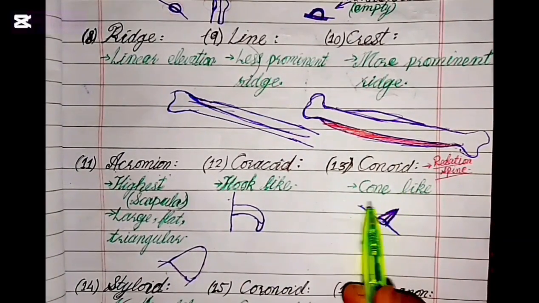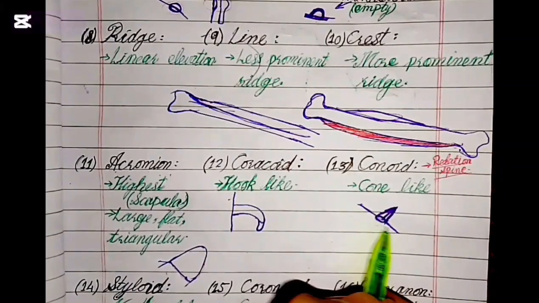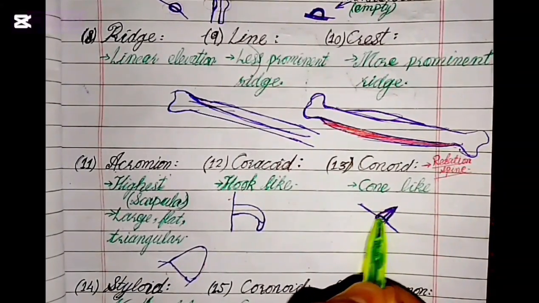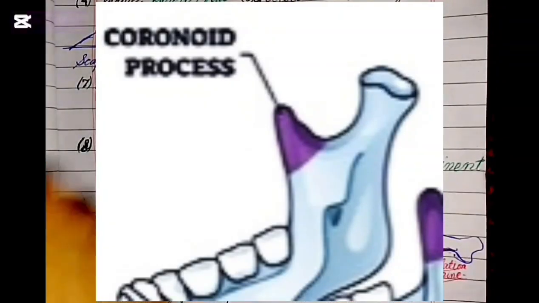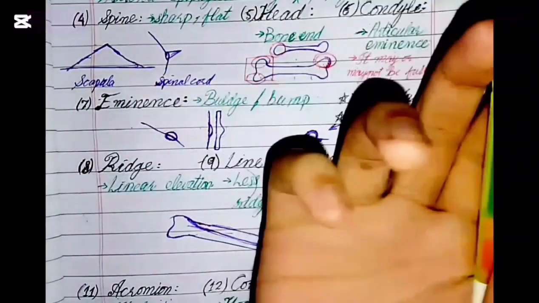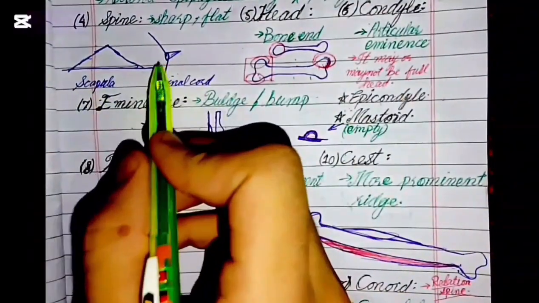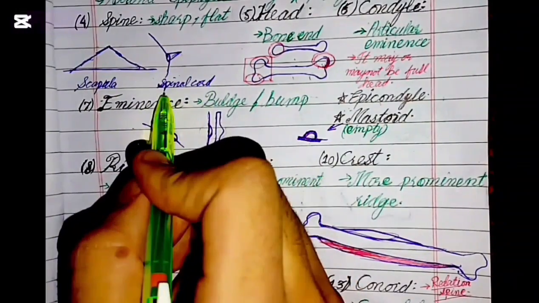And now conoid is a cone-like projection. As we look at here, it is a cone-like projection. In 3D, it looks more cone-like than a spine. And also here is a spine. Spine is present in the scapula and the spinal column. Spine is the word that means sharp, flat, spine-like.